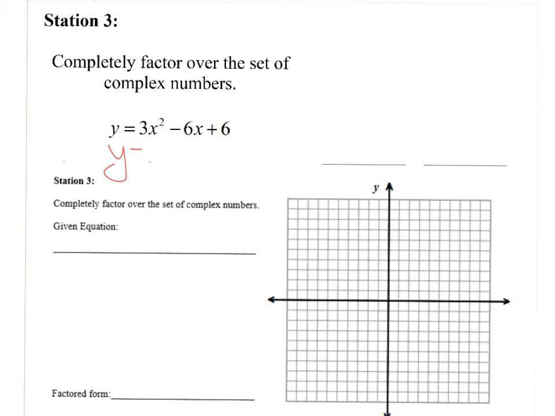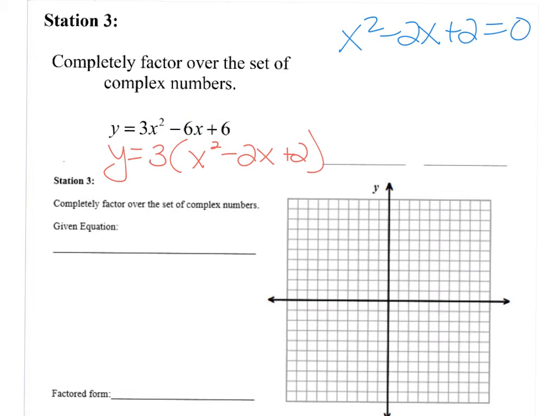If I factor out the 3, because I notice everything can divide by 3, we're left with x squared minus 2x plus 2. If I can solve that, I know that the solutions I get, or the roots that I get, are my factors, just like how we did station 2. So let's solve this. I'm going to complete the square. Oops, did that wrong again.